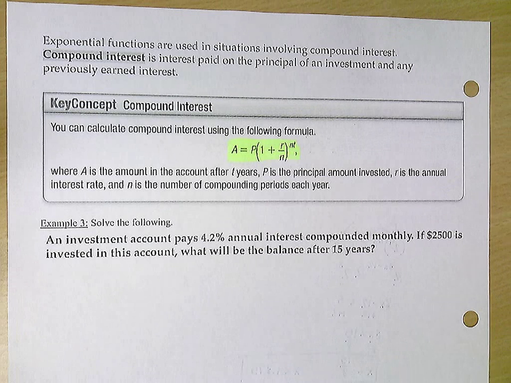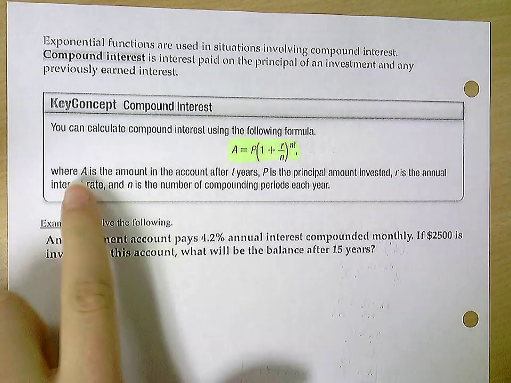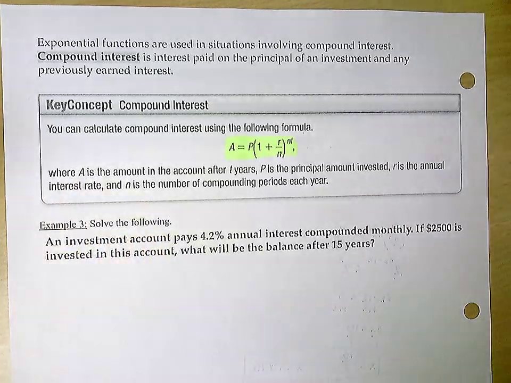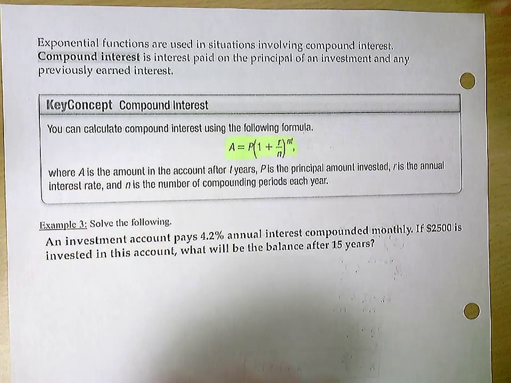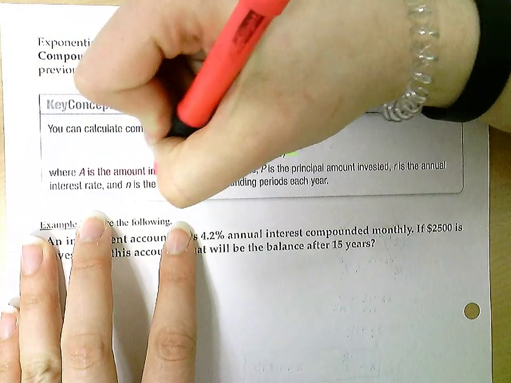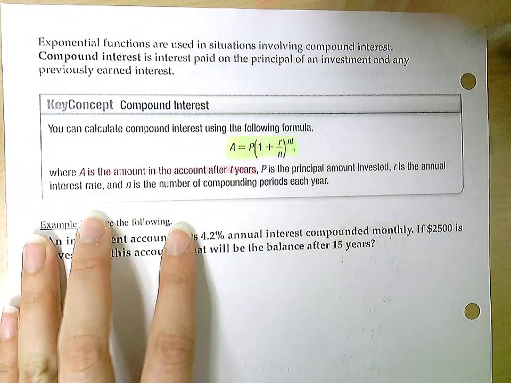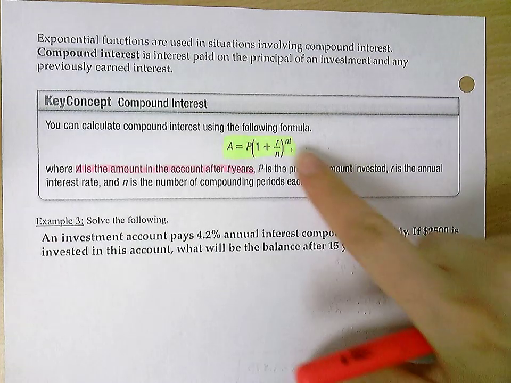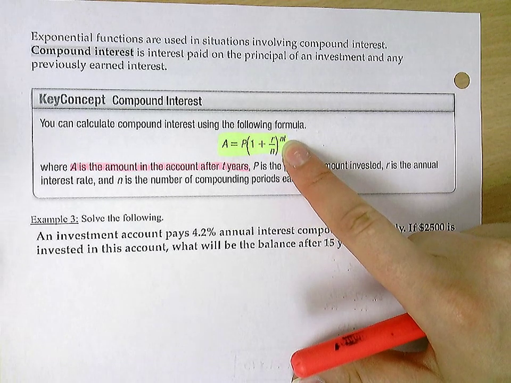Now it tells you what each of these variables is. So this capital A right here, that is the amount in the account after T years. And T then, in our formula here, is your time in years.